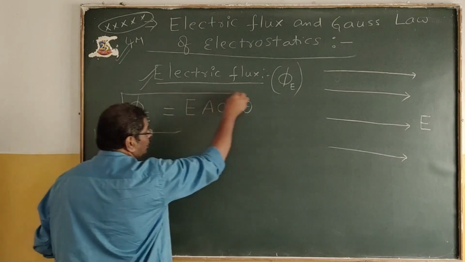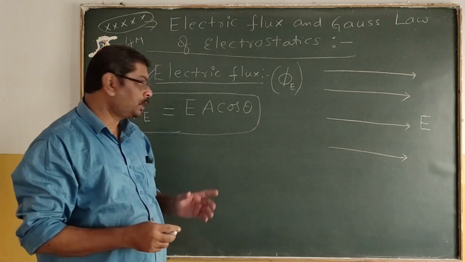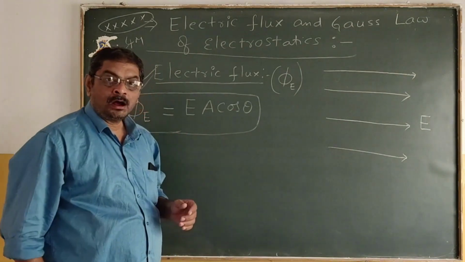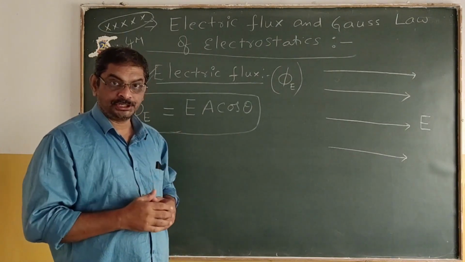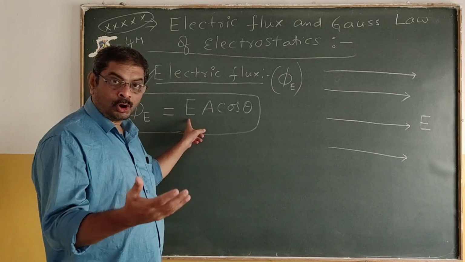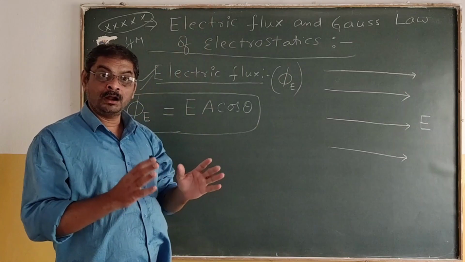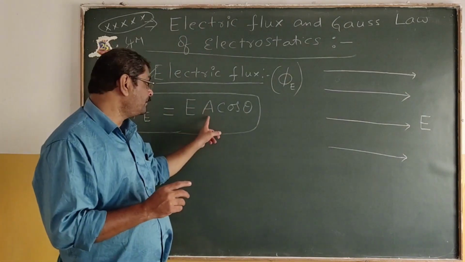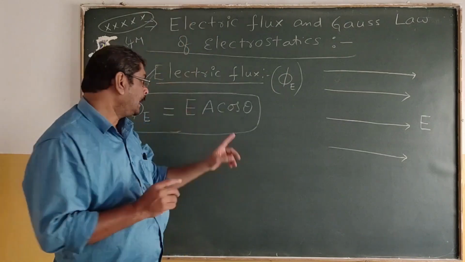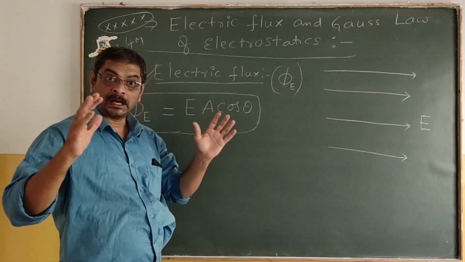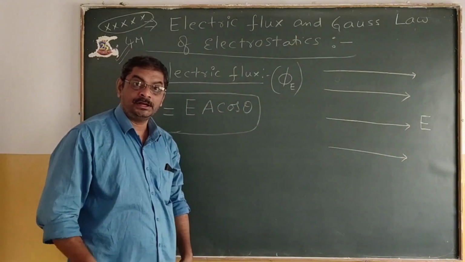So the electric flux is given by the formula phi E equals EA cos theta. You already know E is the electric field vector, A is called the area vector, and theta is the angle between the field vector and the area vector.